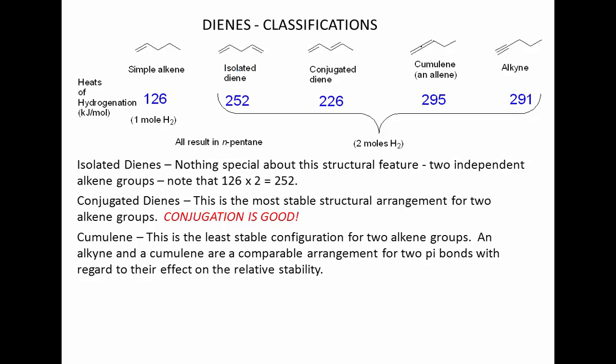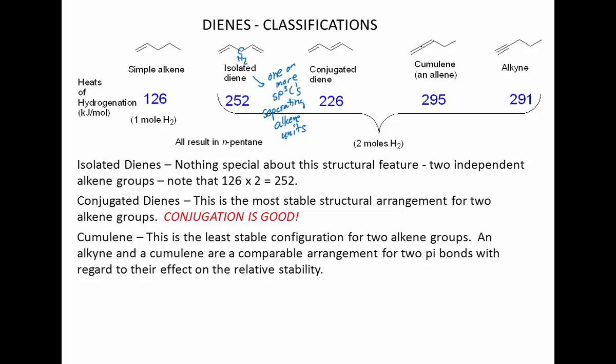An isolated diene has one or more sp3 carbons separating the alkene units. Okay.